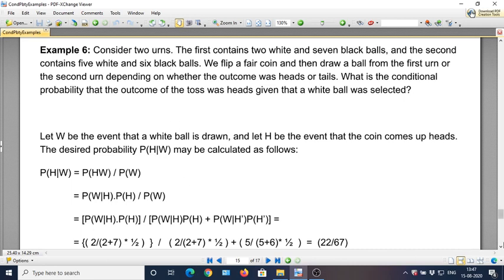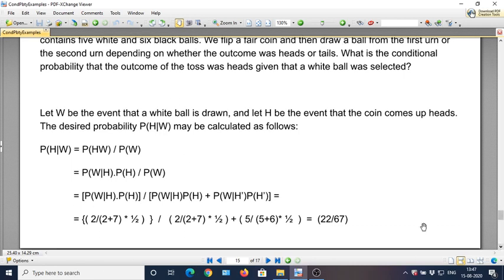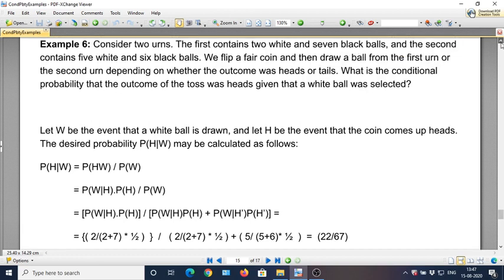Again, the probability of picking a white ball from the second one is 5/(5+6). What we do is toss a fair coin. If it results in a head, then we choose the first urn and pick up a ball. If it turns out to be a tail, then we choose the second urn and pick up a ball.